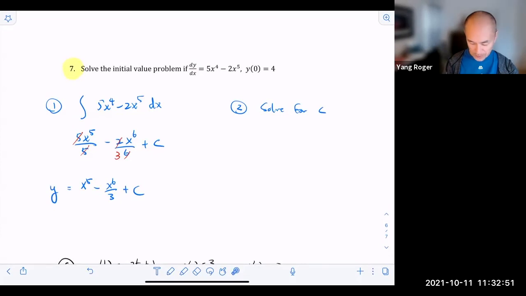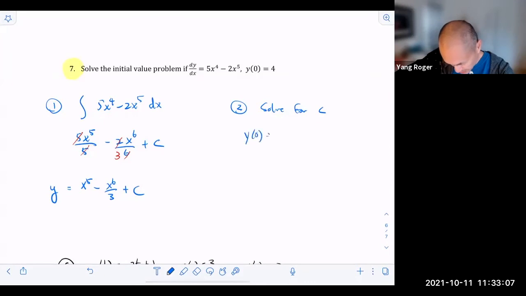But we want to figure out what this constant is. So they give me this initial condition. So this tells you that you're going to get y of 0 is equal to 0 to the 5th minus 0 to the 6th over 3 plus c.